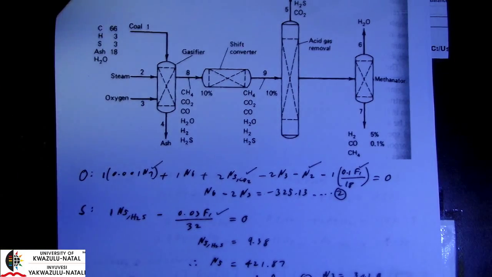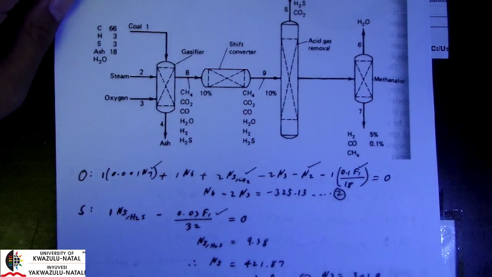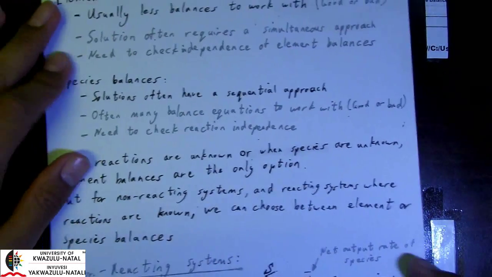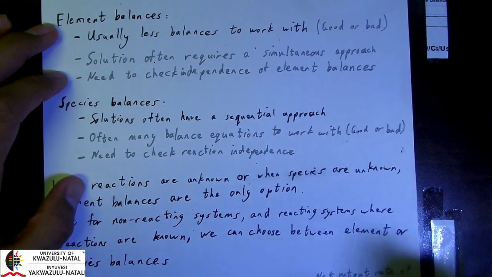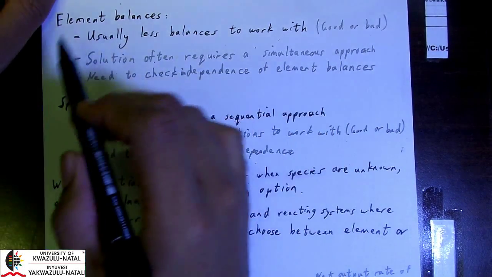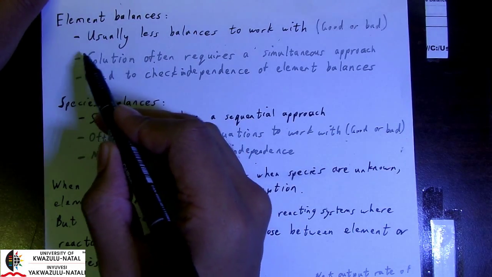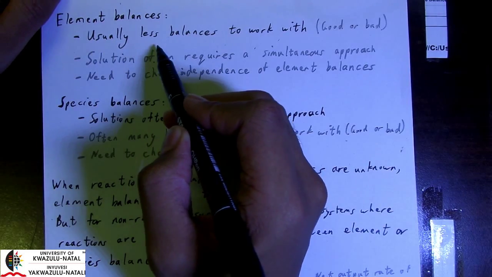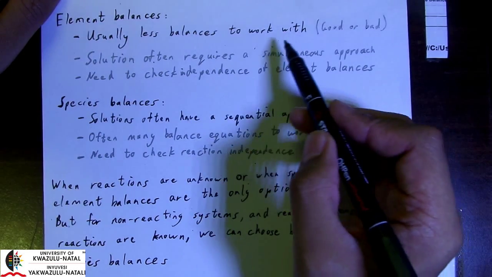So let's look at the advantages and disadvantages of species and element balances. In the case of element balances, the advantage is that usually with element balances we end up having to write fewer balances.